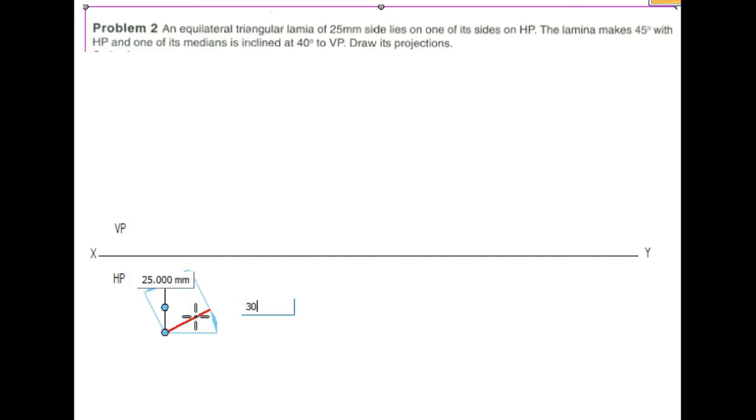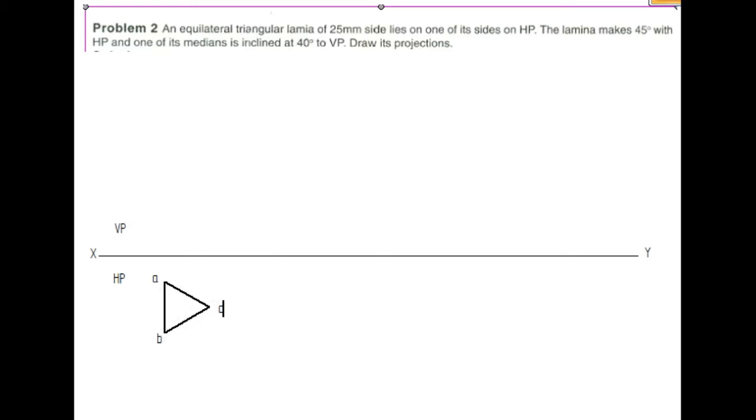So measure 30 degree with a protractor and place it at a length of 25 mm. Next join it. Because it is the view, the line should be made dark. It should be visible. Right. Next naming. I will name this point as A, this point as B and this point as C.